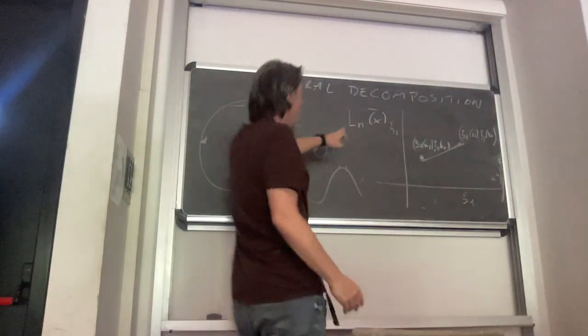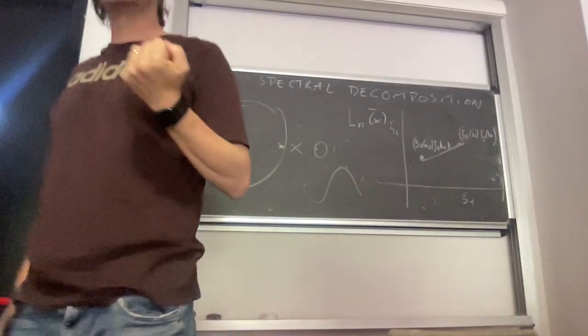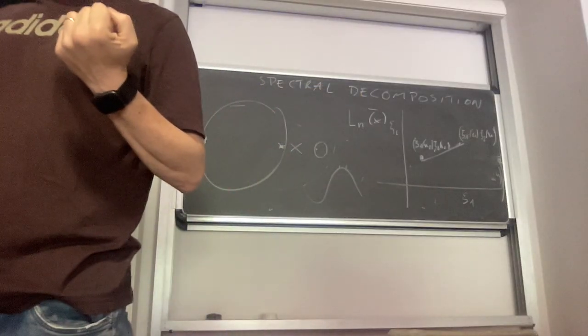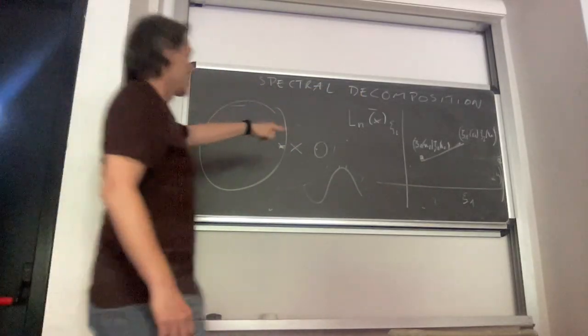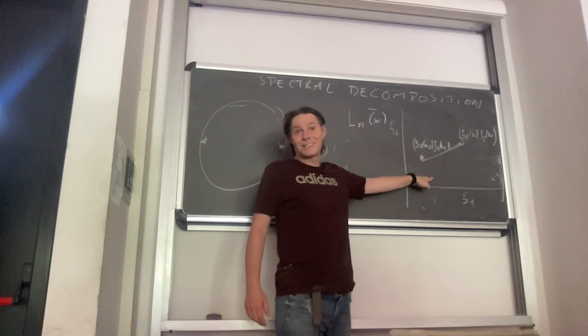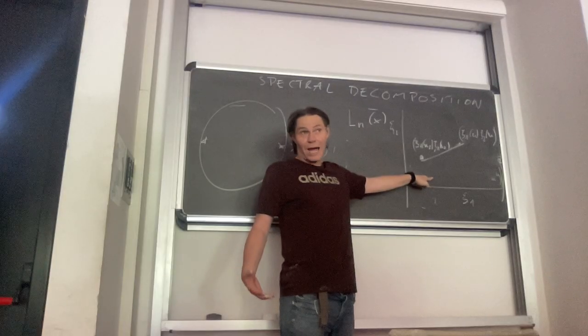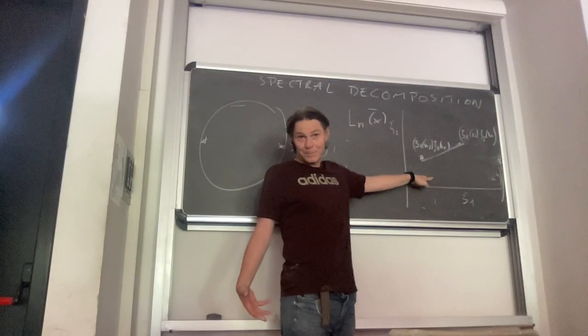Except that I need to. And by the way, it also tells me how many slow coordinates I need. Because this Euclidean space is n-dimensional, the number of eigenstates below the gap.